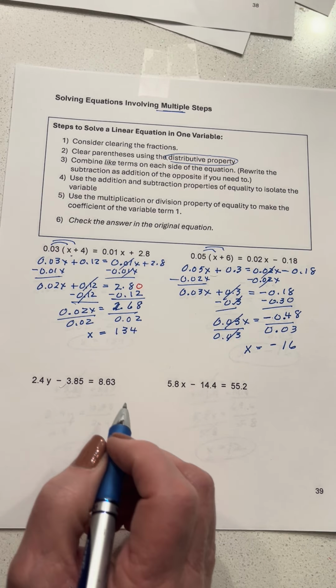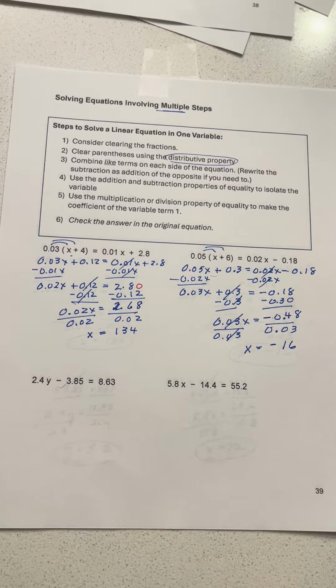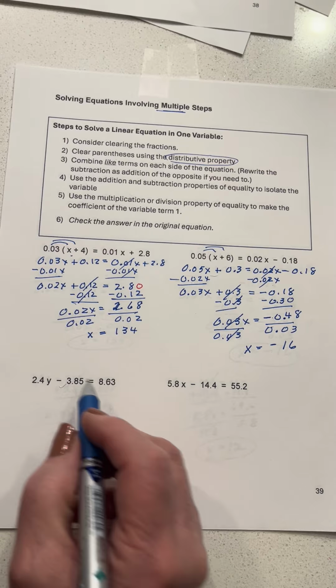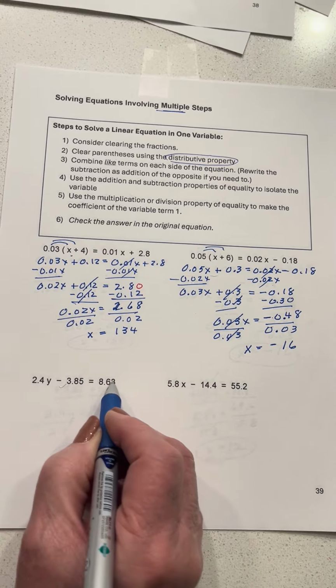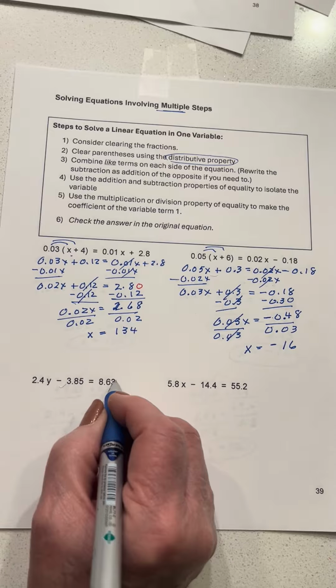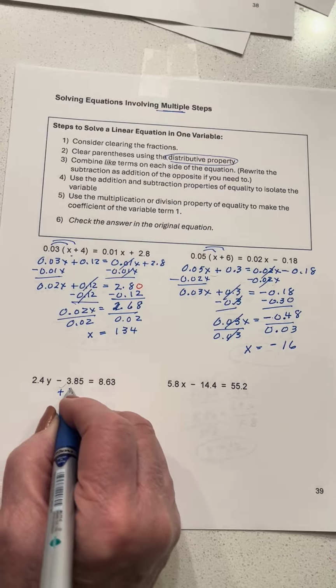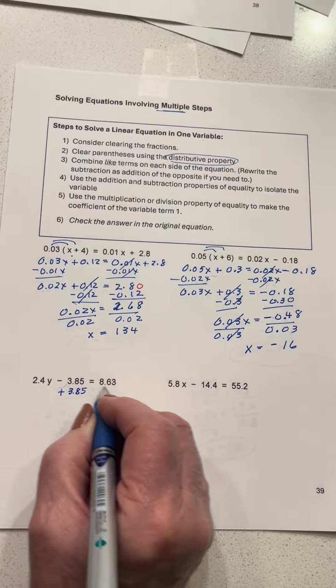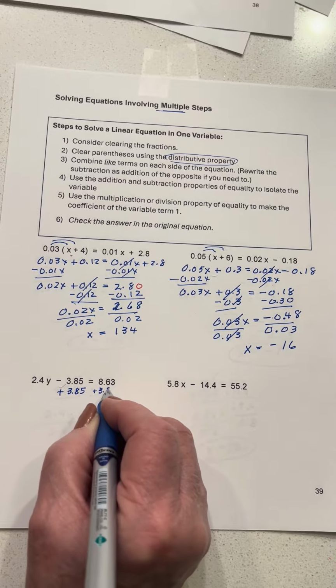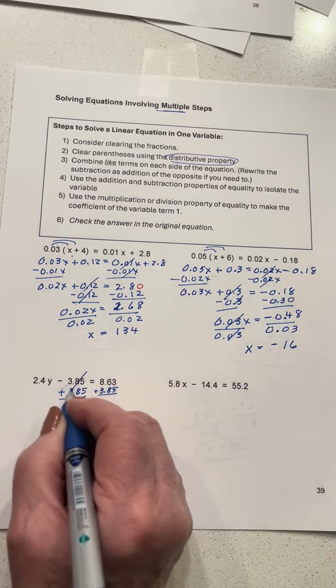This one is a little simpler. We don't have any parentheses to clear. First, I'm going to get this over on this side with the constant, so I'm going to add 3 and 85/100 to both sides. So those are gone.